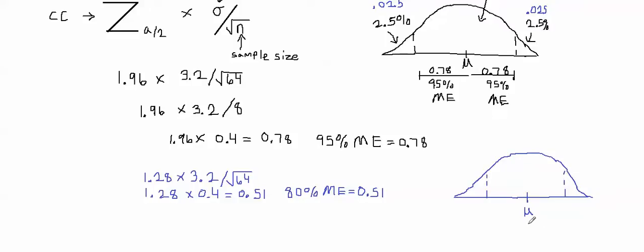And the distance from the population mean to this boundary is our margin of error, which this time is 0.51. And 0.51 in this direction too. And this time it's the 80% margin of error.